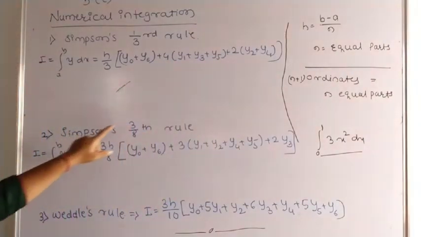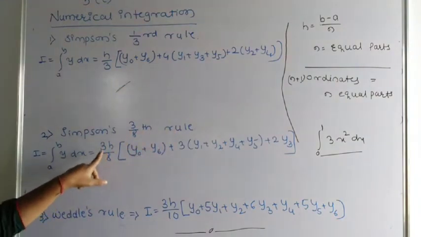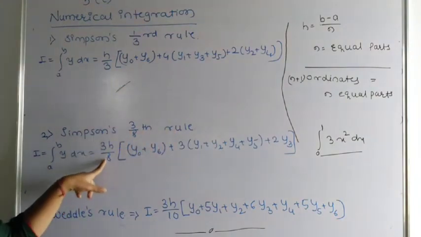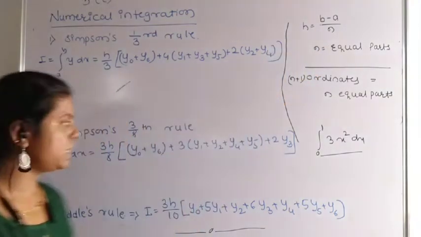Now Simpson's 3/8 rule. Here also h we have to get from b minus a divided by n.